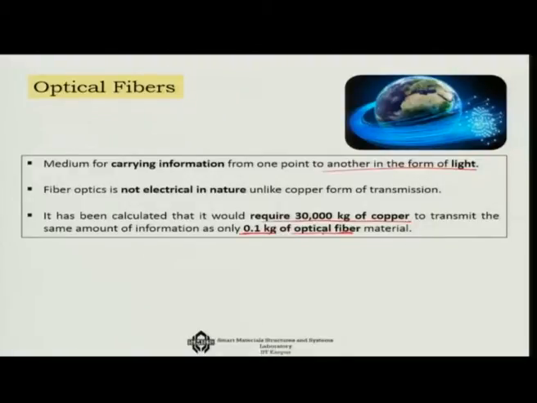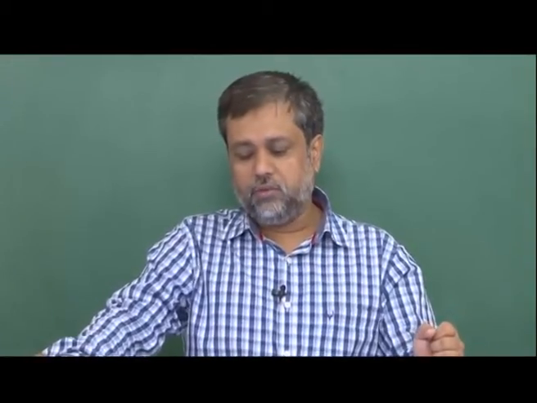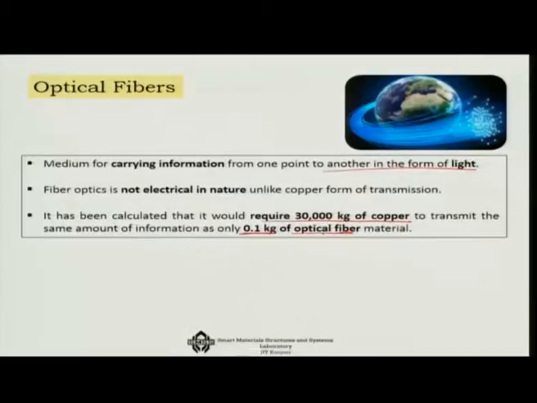So imagine that 0.1 kg of optical fiber is equivalent to 30,000 kg of copper, and I told you earlier also that copper is very limited in terms of availability of resources. Hence, see how green our world has become because of optical fibers, where 1/10 kg of optical fiber can substitute 30,000 kg of copper. That is one of the biggest contributions of optical fibers.